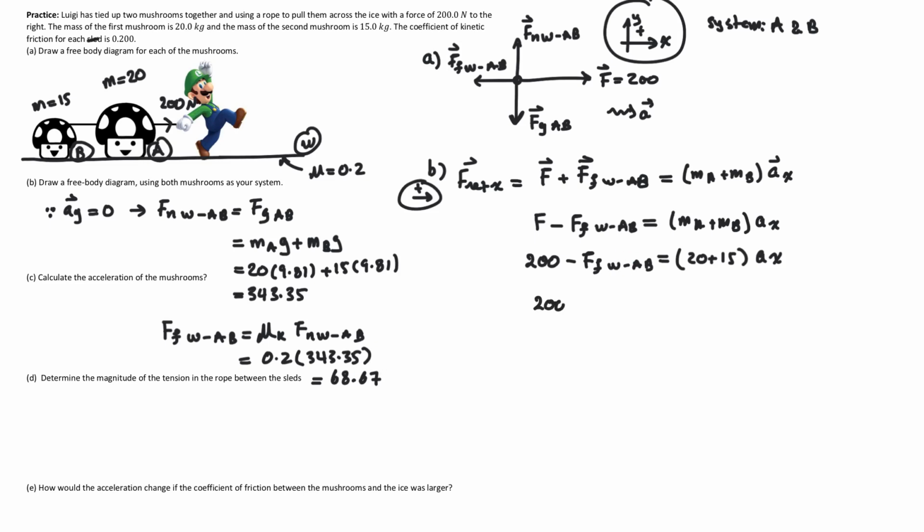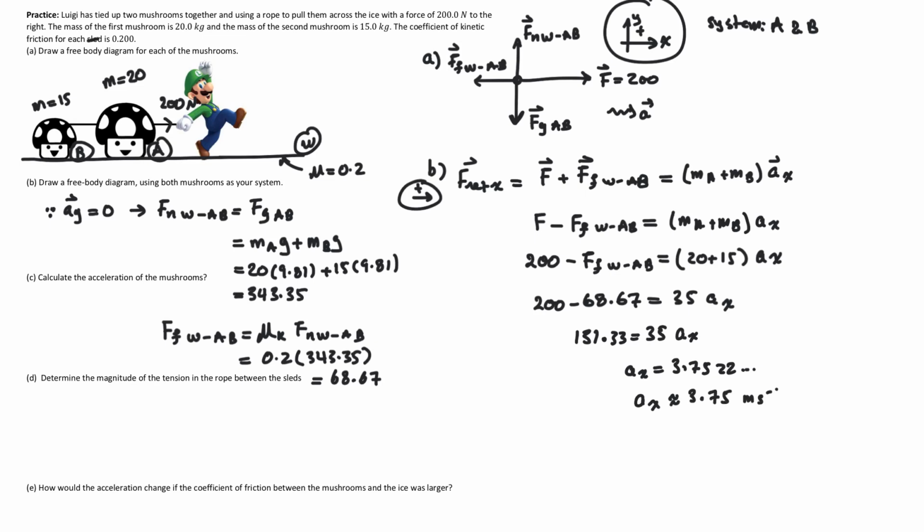So now I can go and use this value in here. This is 200 minus 68.67, and that's going to equal 35 times A. Using my calculator, I get 131.33 is equal to 35 AX, and that AX is equal to 3.7522, and approximately to three significant figures, 3.75 meters per second squared.